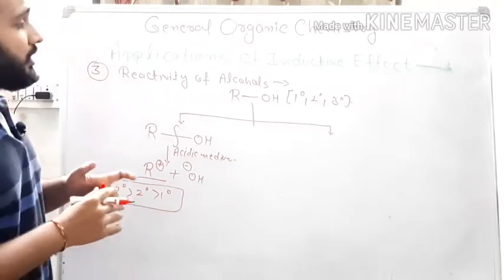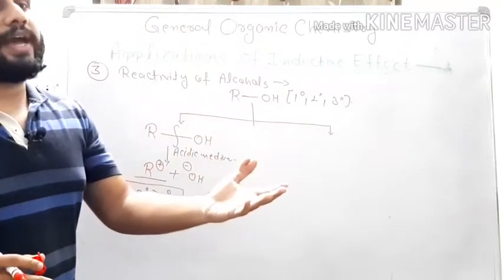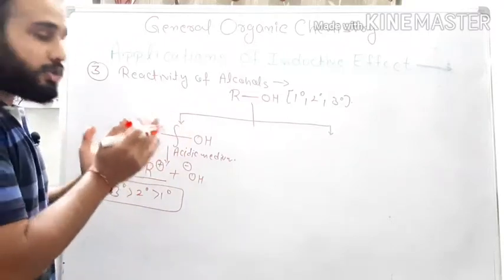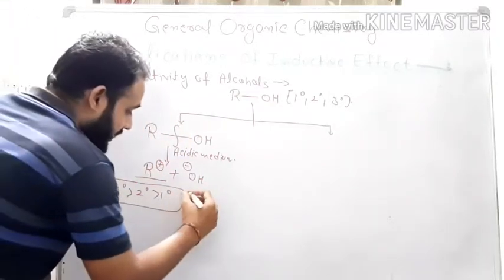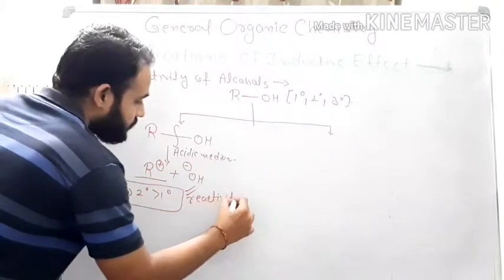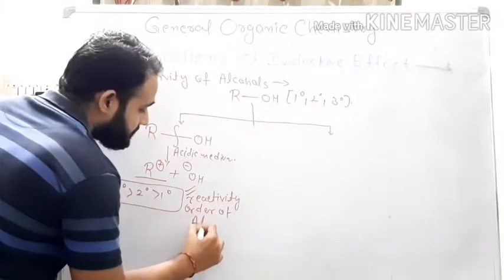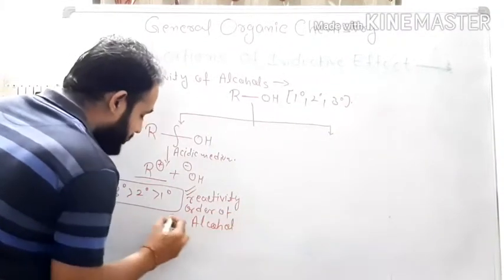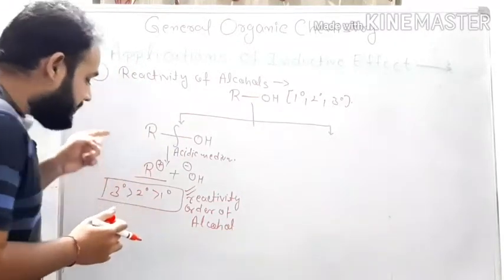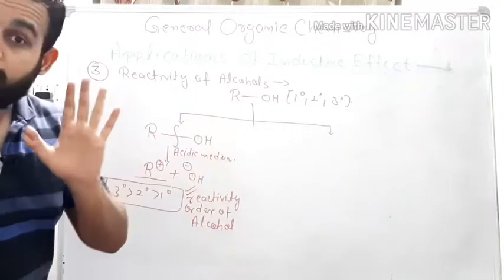So here tertiary alcohol will show maximum reactivity towards this reaction. So this is also the reactivity order of alcohol. Tertiary alcohol will be more reactive than secondary, and secondary will be more reactive than primary.